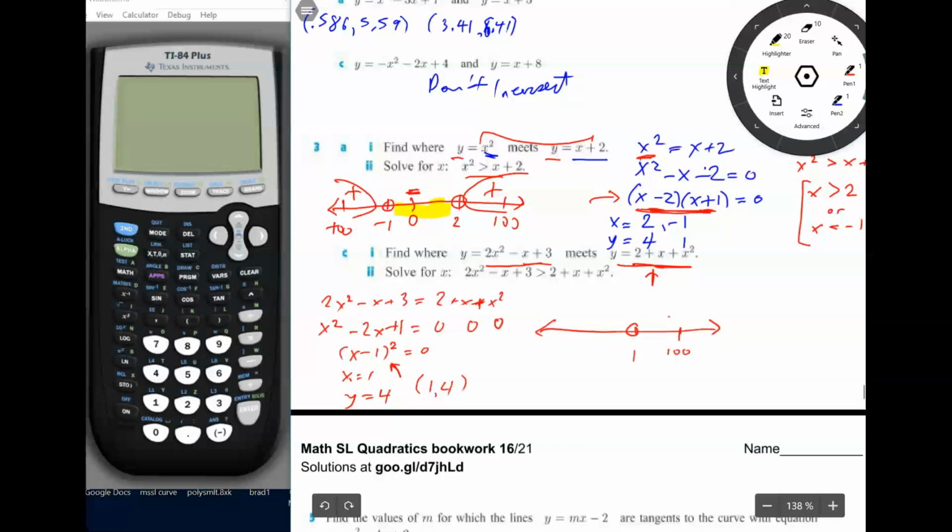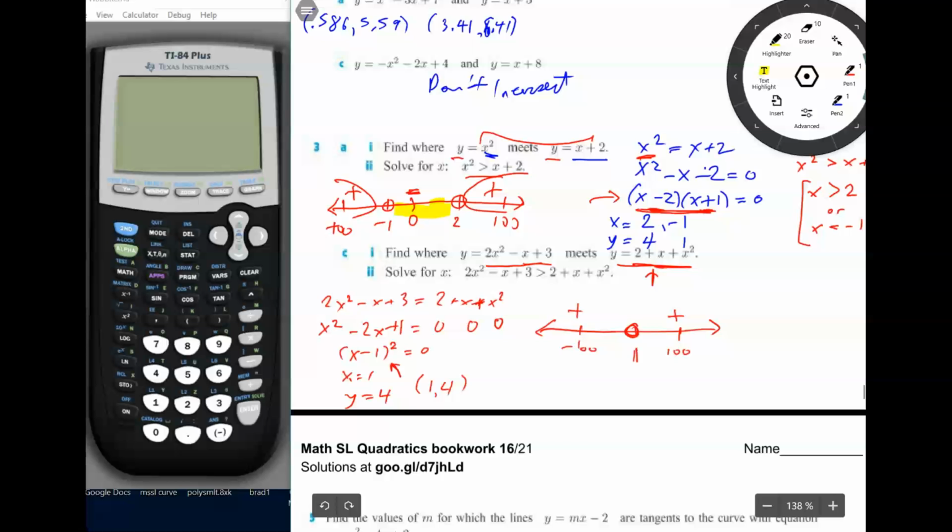That's a big positive number, so this will be positive, right? What if I put in a big negative number, like negative 100? Negative 100 minus 1 is negative 101. Squared is a big positive number. So on either side of the 0, it's going to be positive. The only place that it's not positive is going to be exactly at x equals 1.